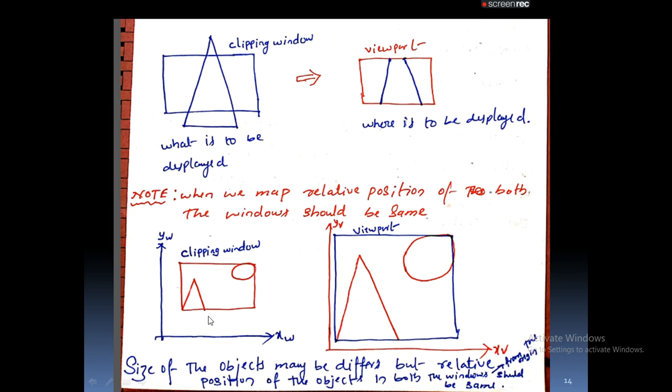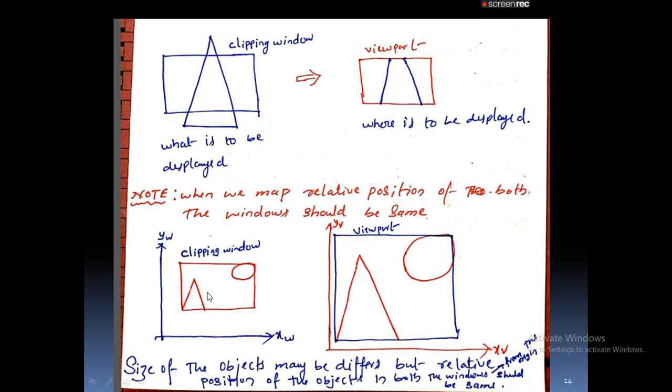Please see this diagram, the second diagram, see the mouse pointer. I have drawn one circle and one triangle. Assume that we have a standard size specified in the clipping window.